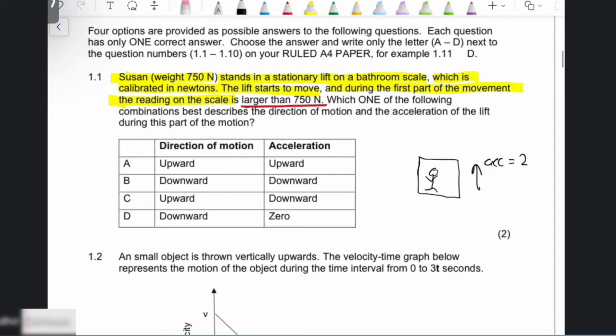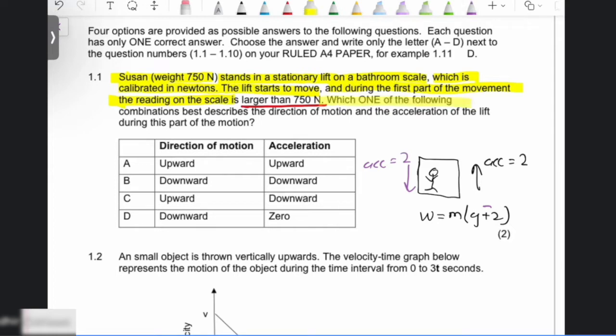Our weight is going to be our mass, because the mass doesn't change, times gravity plus the 2, plus the acceleration, right? Now, in the same sense, if we're accelerating downwards at 2, then this would be minus 2, right? That's what we need to understand.